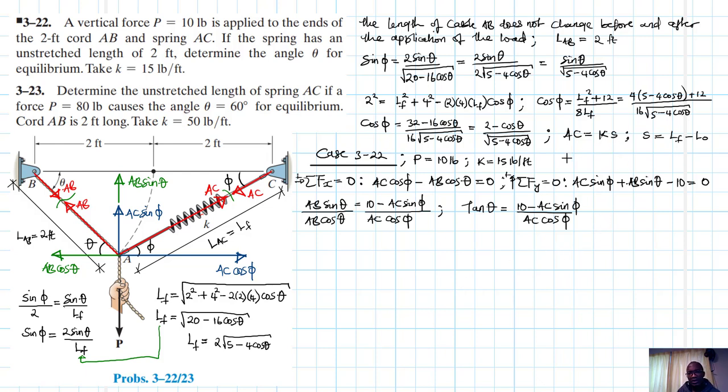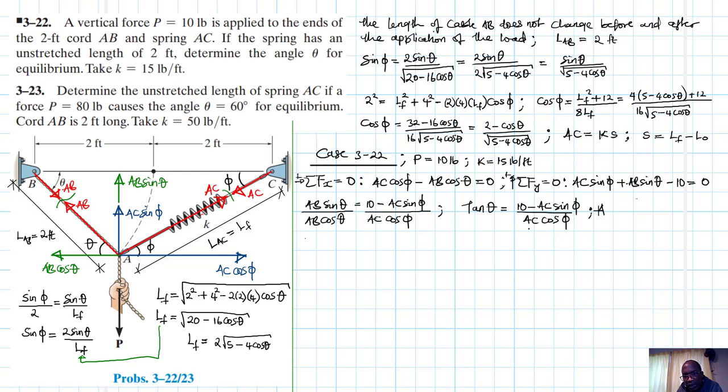We know what AC is. AC is just equal to K times S, and we know what K is. So I'll multiply this and bring it to this side.